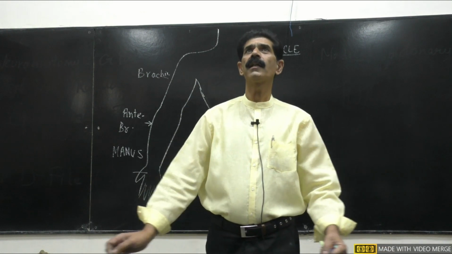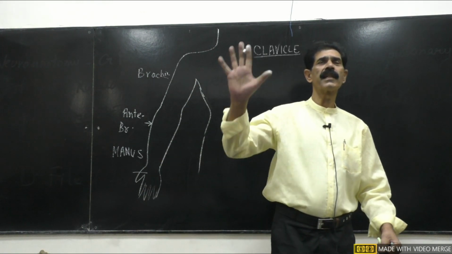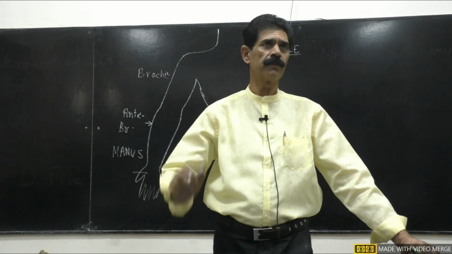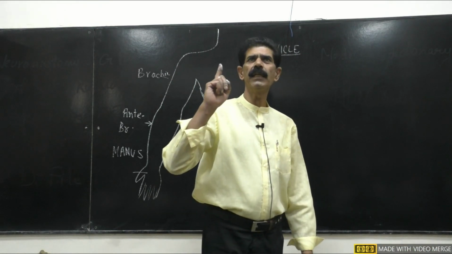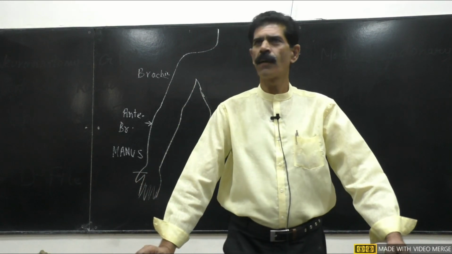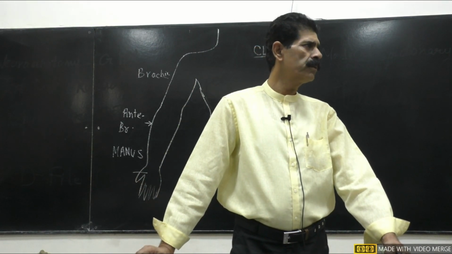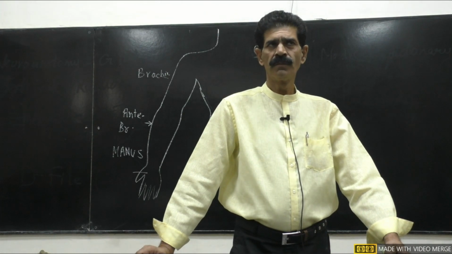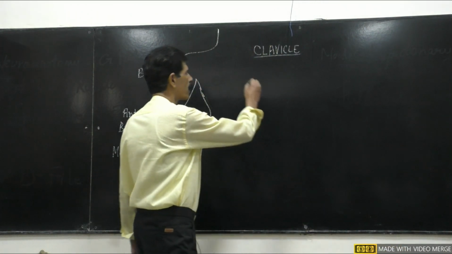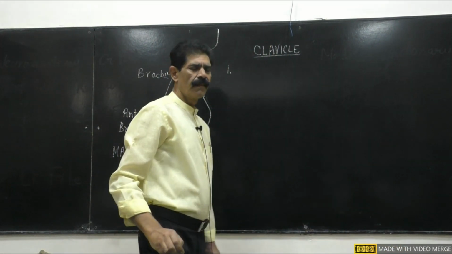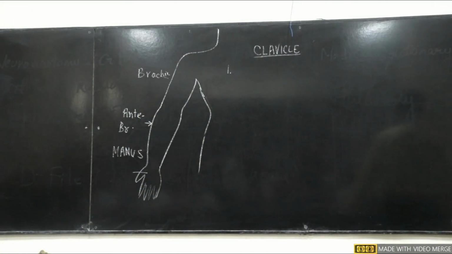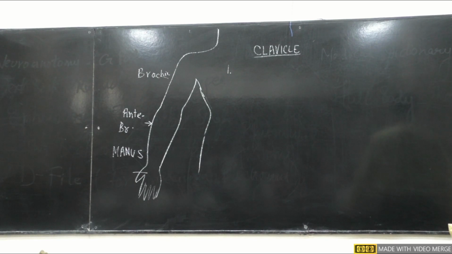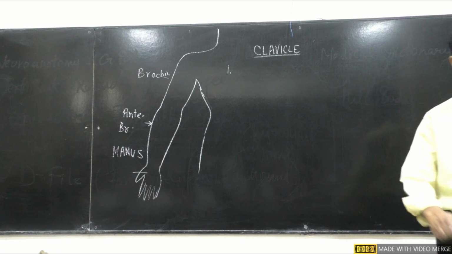and whenever the clavicle comes, 5 fingers and the 5 special features you should know about this bone, and the priority of the most important about the clavicle should be number 1, then 2, then 3 and 4 and 5. First most important part of the clavicle is, this is the only bone in the human body which starts ossification first of all, plus last to complete also.